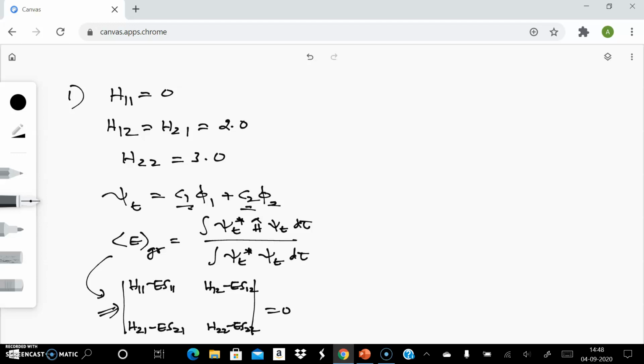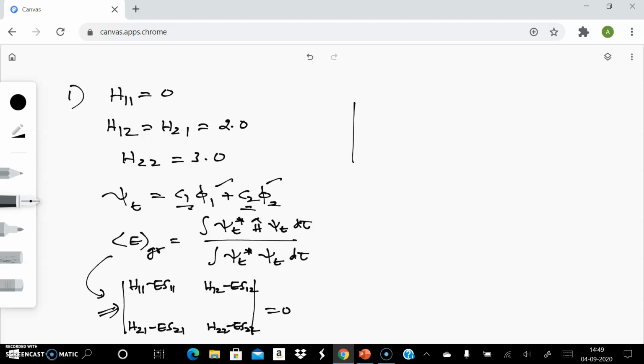Since the trial wave function consists of a linear combination of two functions, we will end up with a second order determinant. If the trial wave function contains a linear combination of three functions, we will end up with a secular determinant of order 3. Now how to solve this?